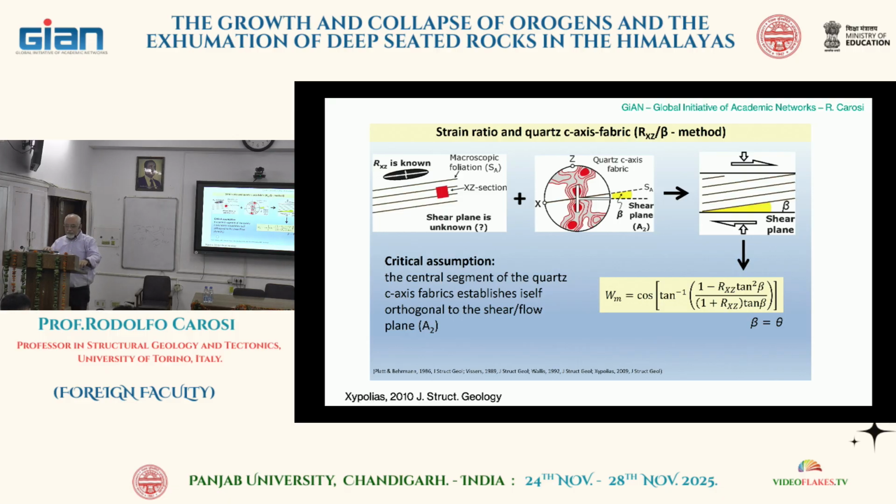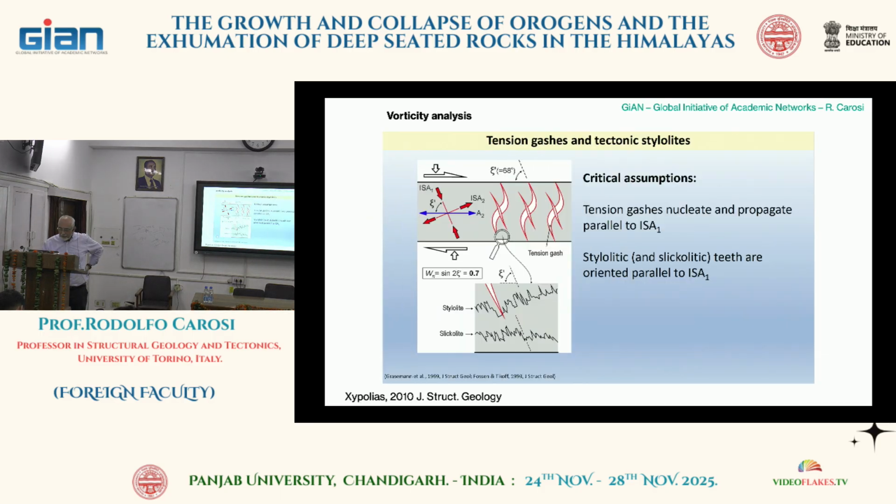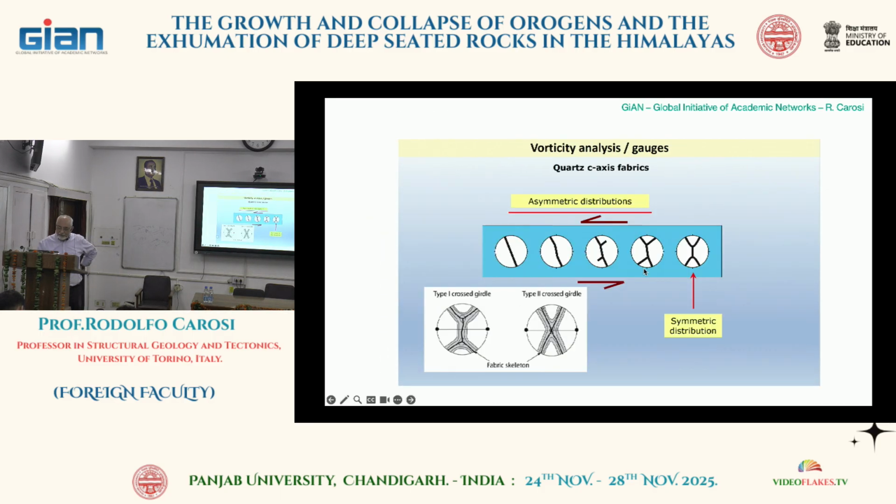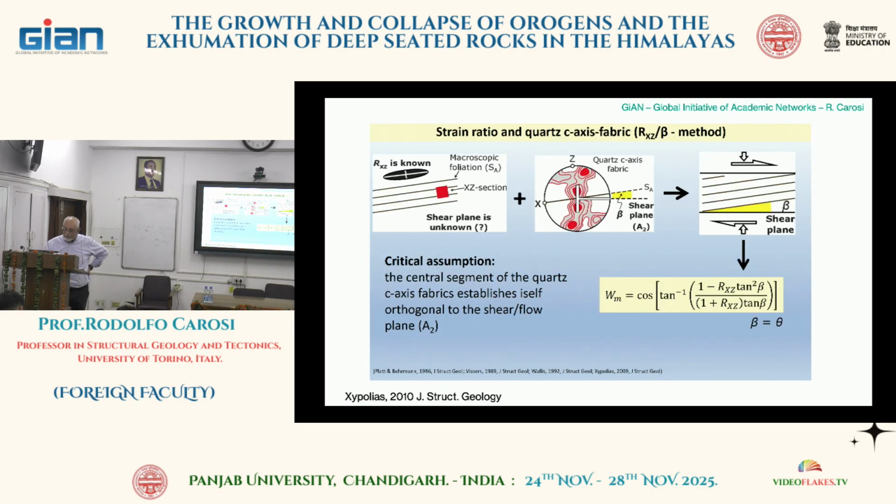So you have to put the thin section under the electron microprobe with EBSD, backscattered electron. They can measure the axes and project them in a stereographic projection. You can find the skeleton, this kind of figure that is characterized by the quartz. So you are trying to define this kind of skeleton in the projection of the c-axis of quartz.